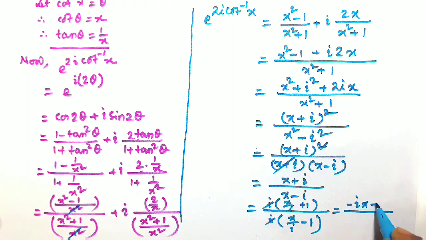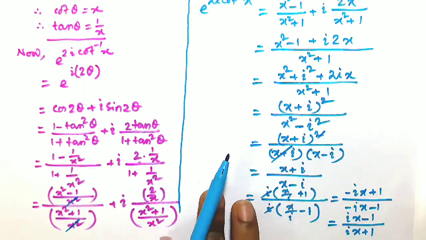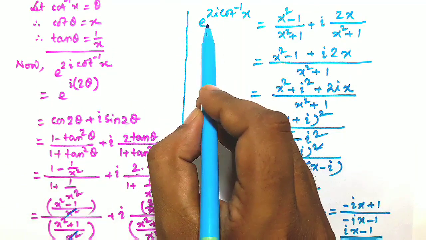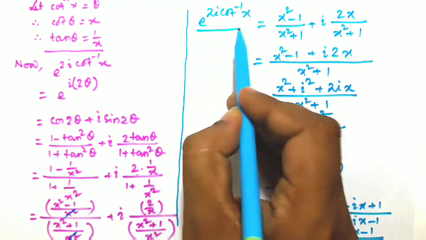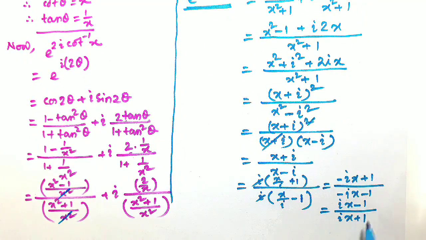So minus ix plus 1 divided by minus ix minus 1. So this can be written as ix minus 1 divided by ix plus 1. So friends, we started from e to the power 2i cot inverse x, and now we have got it here: ix minus 1 divided by ix plus 1.